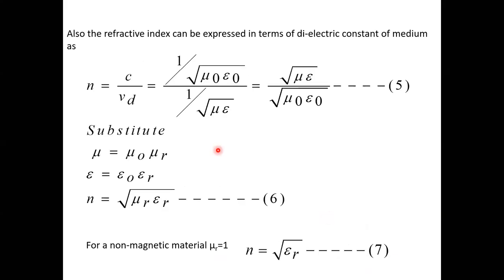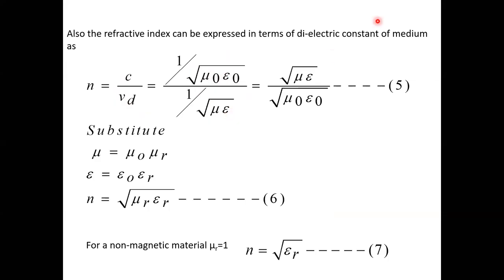Next, the refractive index can also be expressed in terms of the dielectric constant of the medium. We already know that n is equal to C by Vd, that is, velocity in free space divided by velocity inside the lens. C is given by 1 divided by root of mu naught epsilon naught, and for the lens medium we write 1 by root of mu epsilon. Here mu is mu naught mu r, and epsilon is epsilon naught epsilon r.